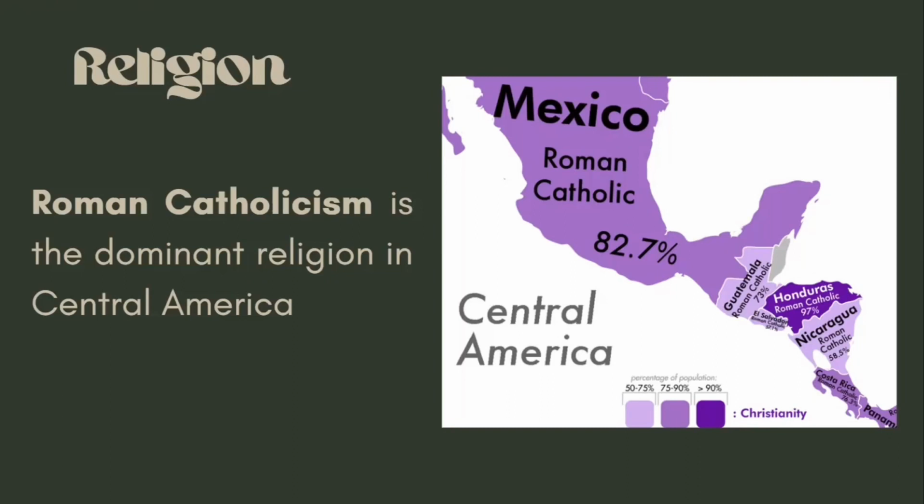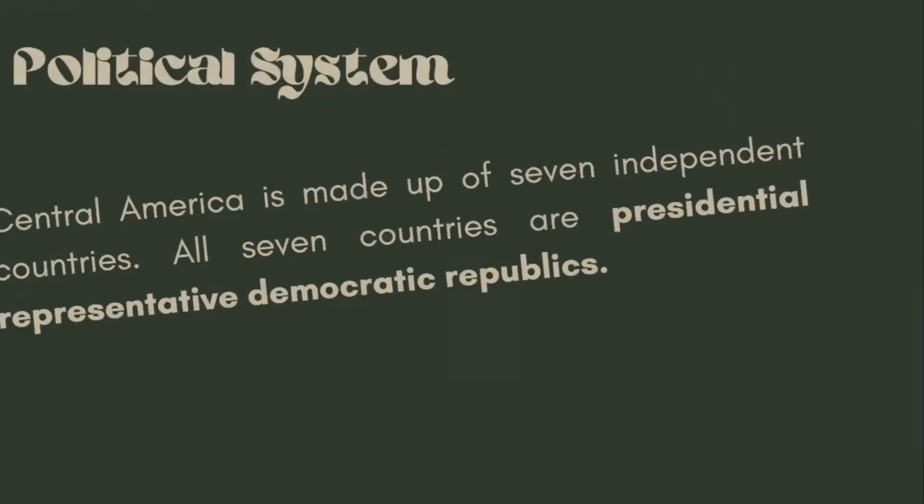Now, additionally, the growth of Protestantism can be attributed to demographic changes in the region, including urbanization, migration, and globalization. Now, these changes have created new opportunities for religious expression and also have contributed to the diversification of the religious landscape in Central America. Now, let's move on to its political system.